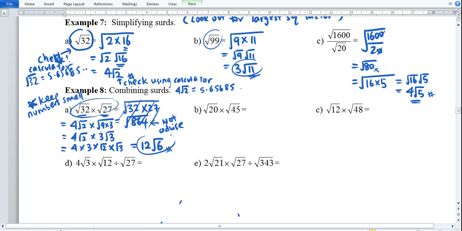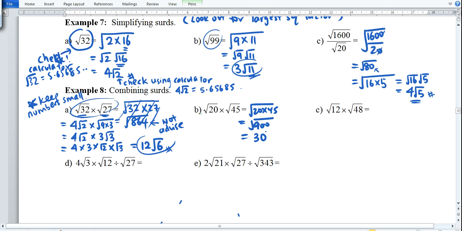In this case, 20 times 45 is actually a nice number to be square rooted. 20 times 45, you will get square root 900. So the answer, square root 900, is actually just 30.